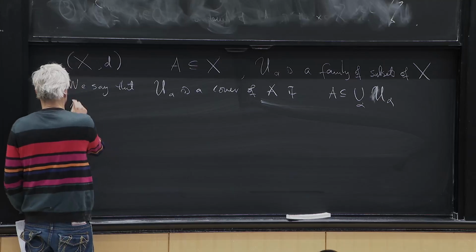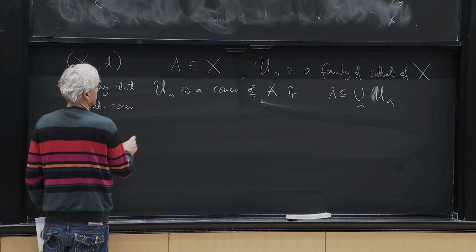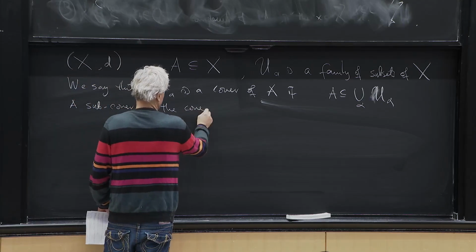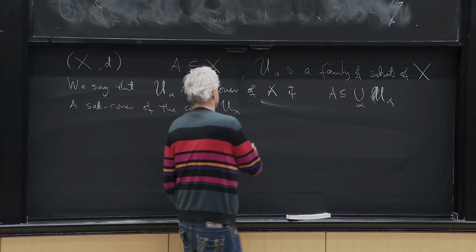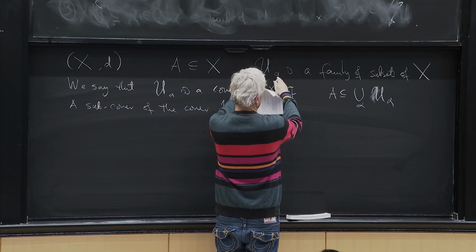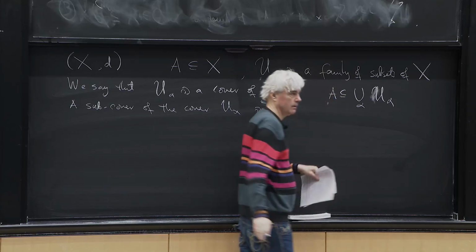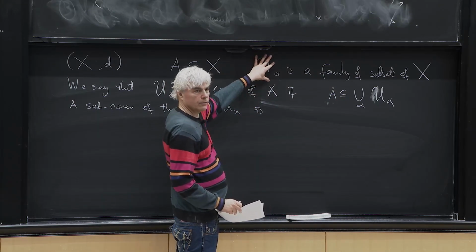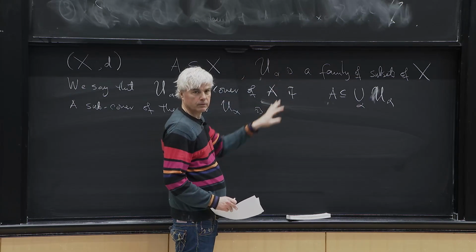A subcover of the cover U alpha is, right, so if you imagine that you have a whole bunch of sets, and together they cover A, a subcover means that you don't need to take all of the U alphas. If you can just take some of them, and they will still cover it.